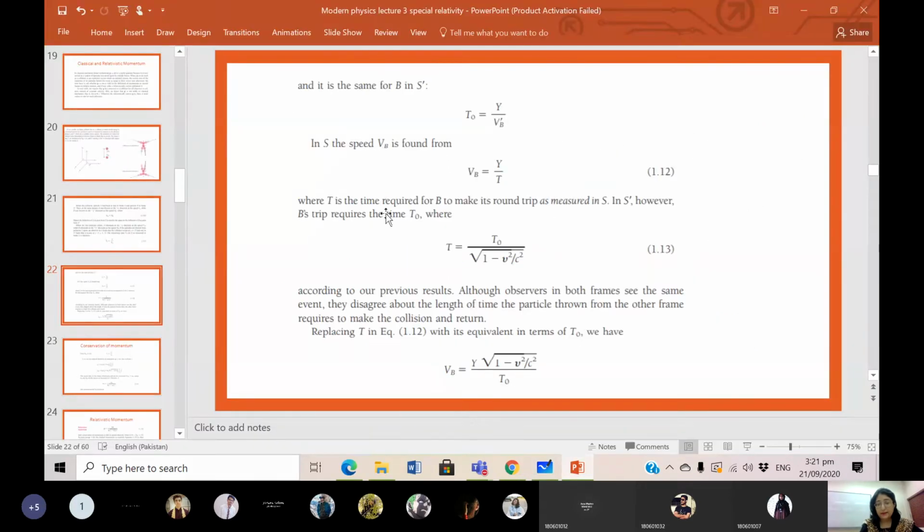So T is a time. If in S the speed VB is found from this equation, in S the time will dilate in that case. ठीक है?